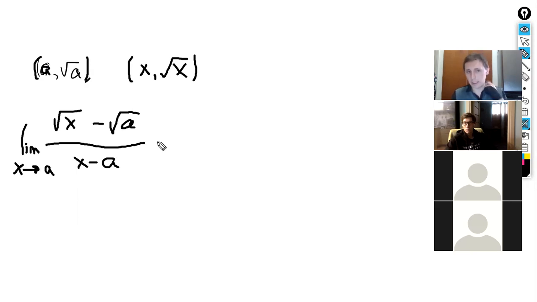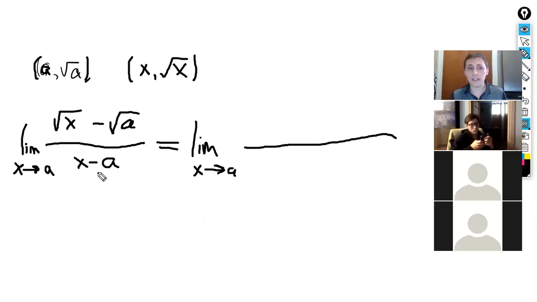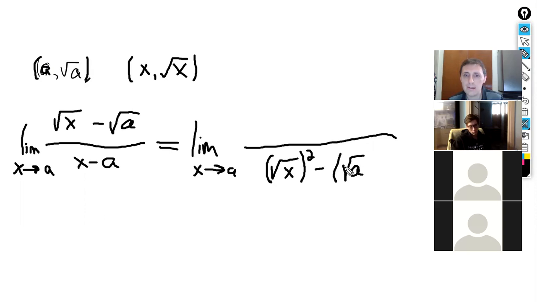So what do I get when I take this limit? Well, limit where x goes to a, I can multiply top and bottom by the conjugate. Or in fact, I can factor the denominator. I tend to like it more, factor the denominator. This is the same thing as root of x squared minus root of a squared, correct guys?